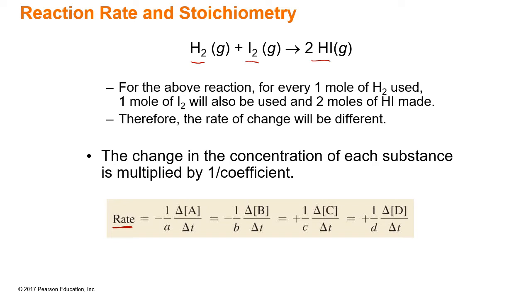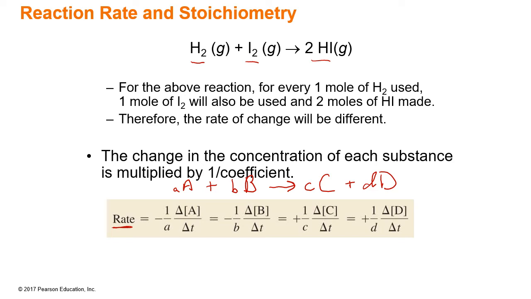So the equation that's given here is assuming that we have the reaction A with a coefficient of lowercase a plus B with a coefficient of lowercase b, producing products that are C and D. So we're monitoring.